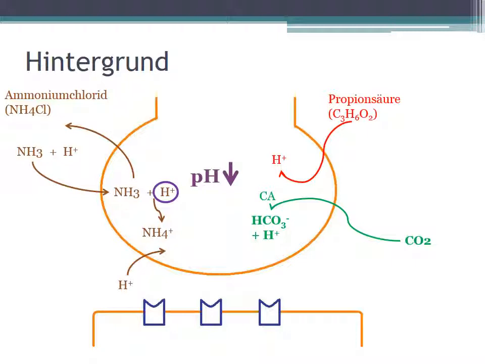And then it's broken down into bicarbonate and proton by the carbonic anhydrase reaction. And what we also found in our studies is that the CO2 must have some effect on the postsynaptic cell, which I will explain to you later during the explanations of our experiments.